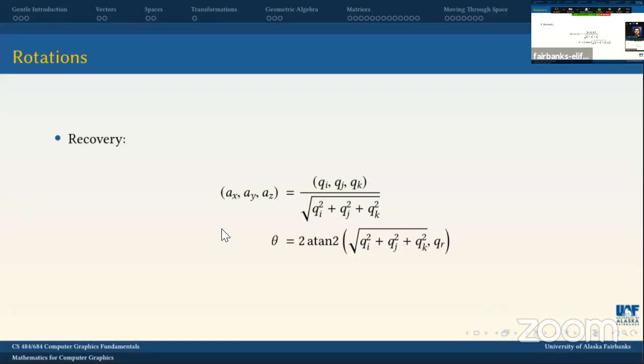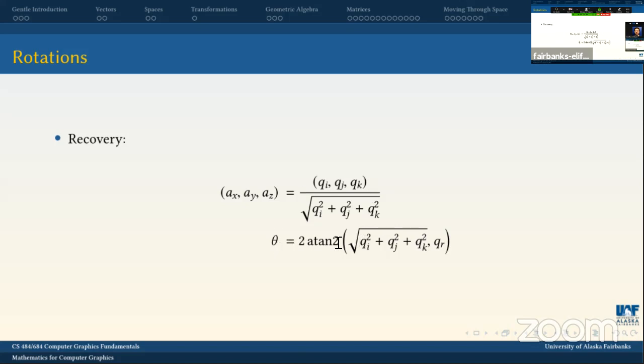This is how you might recover the original information. If you want to find out what the original axis of rotation is, you just take the vector component of q and divide it by its length. So this looks just like a normalization for a vector.